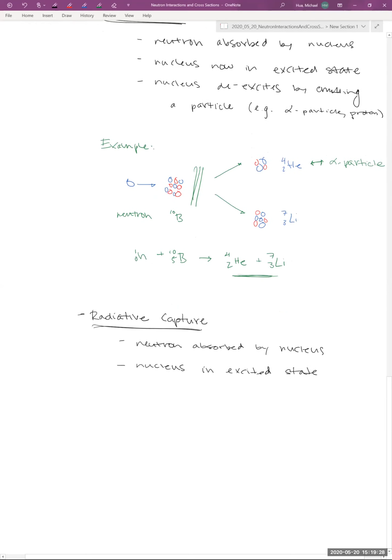And so particles don't like to be in excited states. They want to be in the lowest energy state, lowest excitation state as possible. So the nucleus is going to de-excite. And this time it's going to de-excite by emitting a gamma ray.